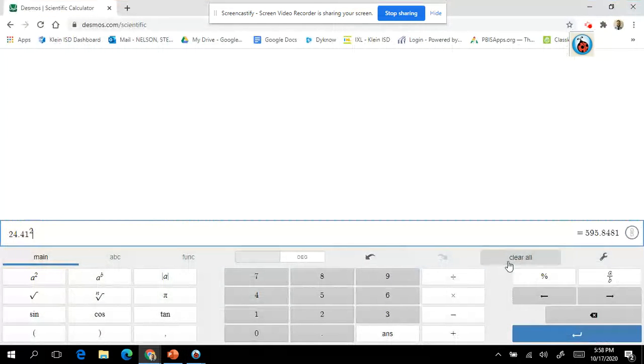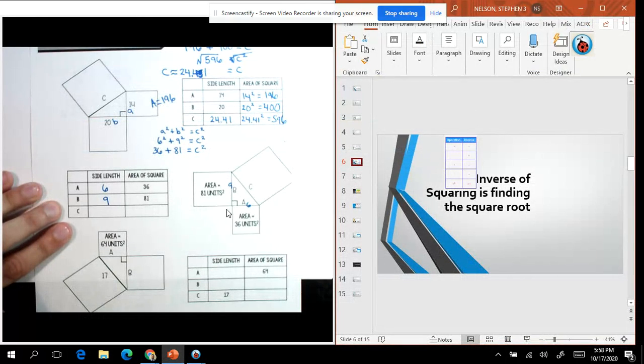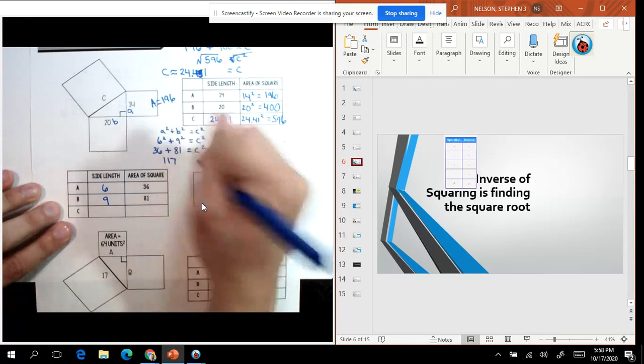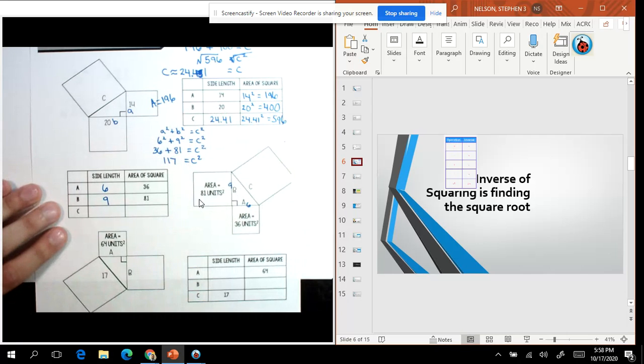Let's go to Desmos. 81 plus 36. We get 117. So 117 is equal to C squared. All right, so now we have C squared is equal to 117.